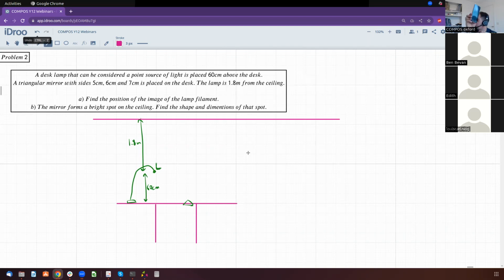Now, look at that. Do you see a house reflected in my phone? Doesn't that contradict? What I'm trying to say is the image in a plane mirror is always the same size as the object. Object and image are the same size in a plane mirror.